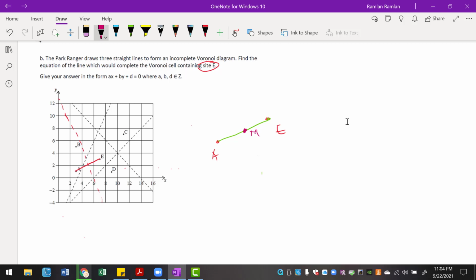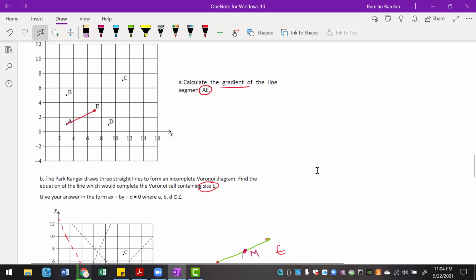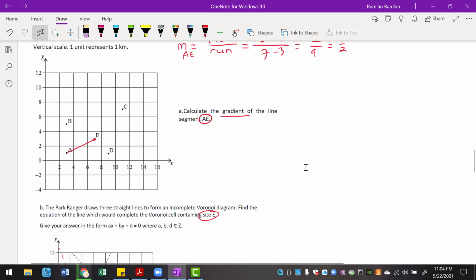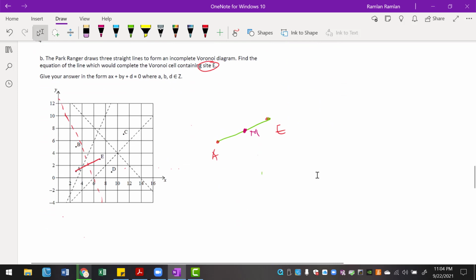Because we know that point A is, let's go up again, 3, 1, and E is 7, 3. If I want to find the midpoint, we can go back to number 1: just add and then divide by 2. So the midpoint, I'm going to write M. I'm going to rewrite the points A and E. A is 3, 1, and E is 7, 3.